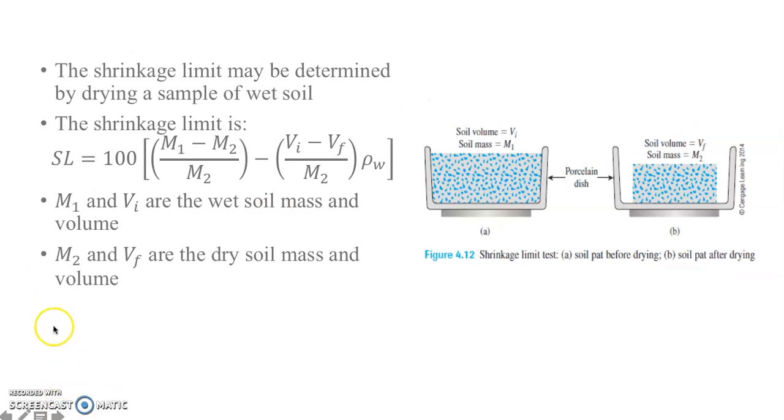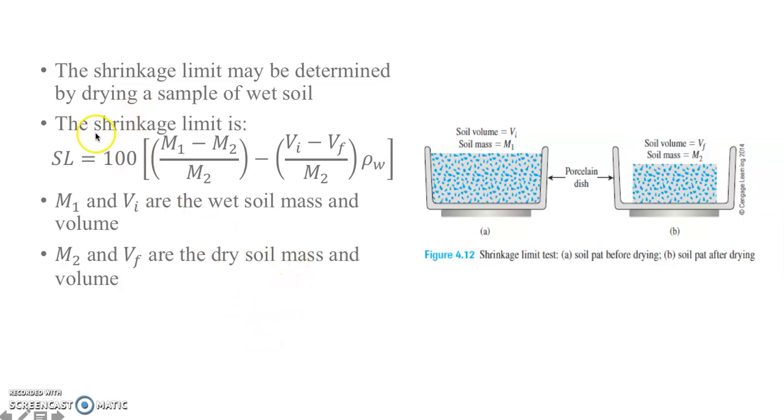We obtain this value by drying a wet soil sample, meaning you have a soil sample that is wet, you oven dry it, and it loses its water content or moisture content. That is how you obtain your shrinkage limit.